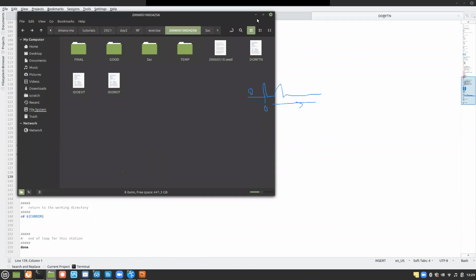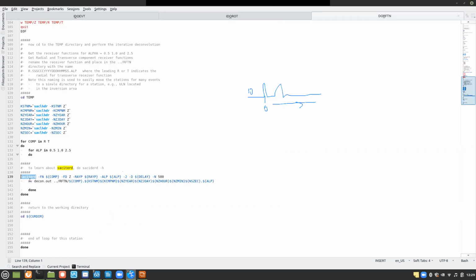But once you have the source code for this program, I think it's a Fortran code that I have. Once you install the code, it's compiling. So you can look at the source code and see what it's doing. You can see inside the deconvolution and everything in there. So this is what does the deconvolution, and then it gives you the output, and then you save the output. So in the end, this will be the receiver function.